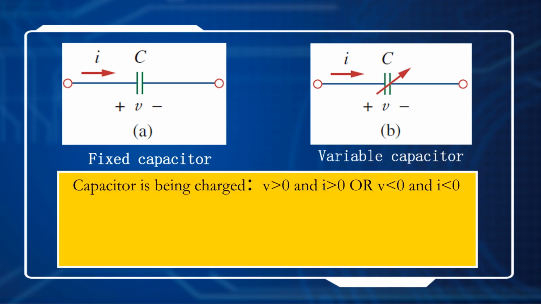When V is greater than 0 and I is greater than 0, or V is less than 0 and I is less than 0, the capacitor is being charged. And if V multiplied by I is less than 0, that means the capacitor is discharging.